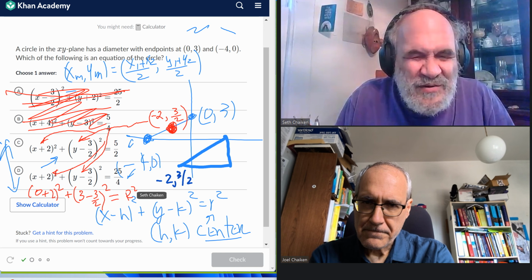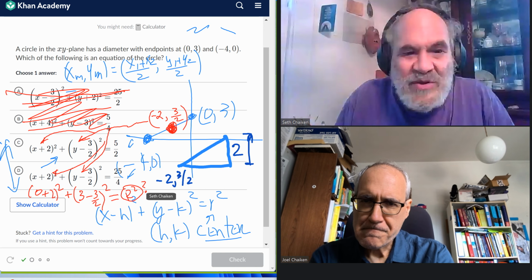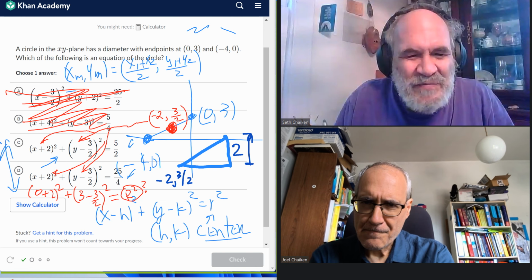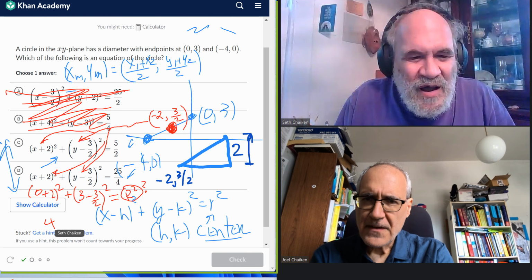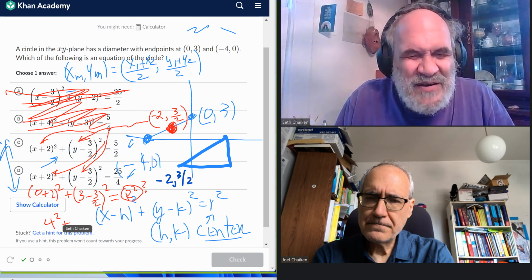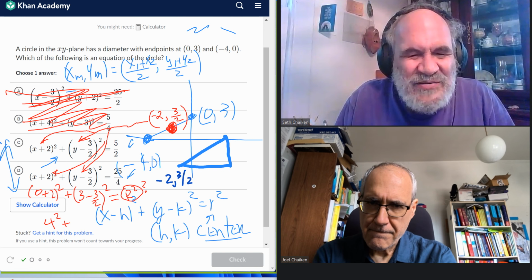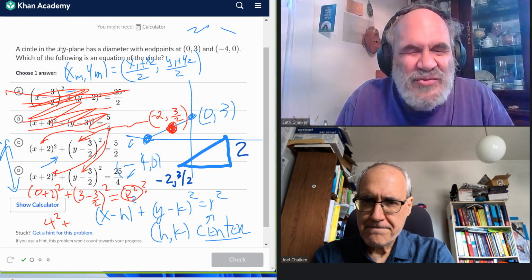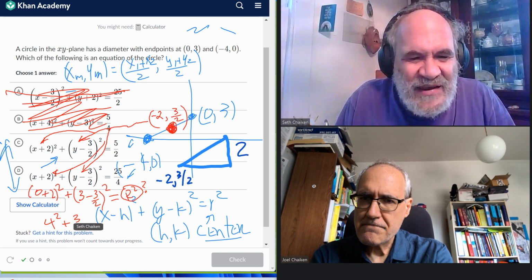This is the mystery number, so let's calculate it. It's 2 squared plus, let's see, 3 minus 3 halves. That's a mess. So that's 6 halves minus 3 halves, which is 3 halves.